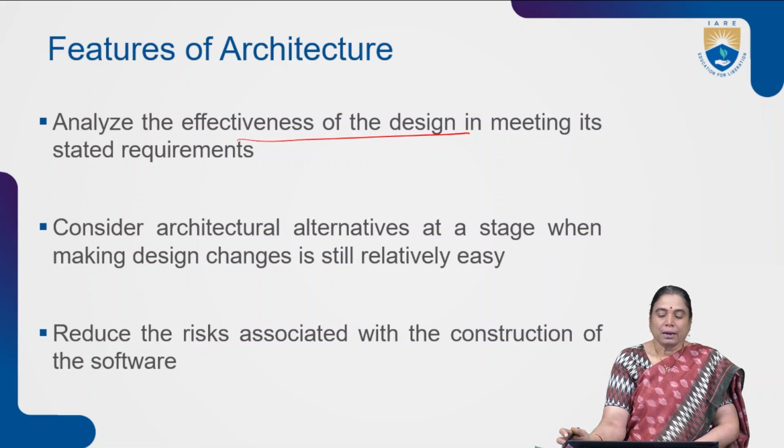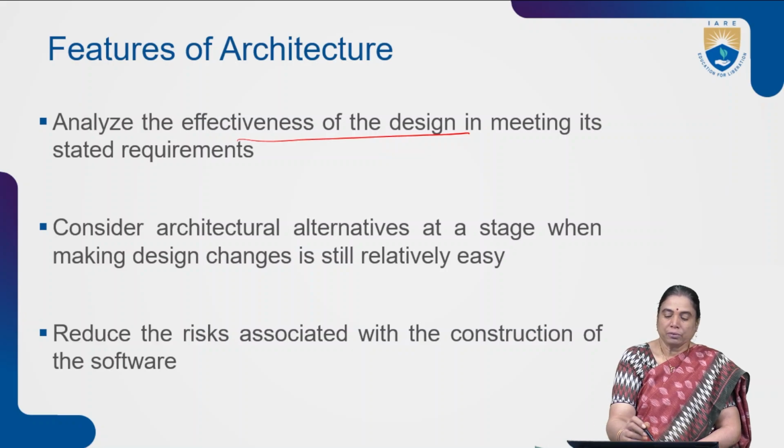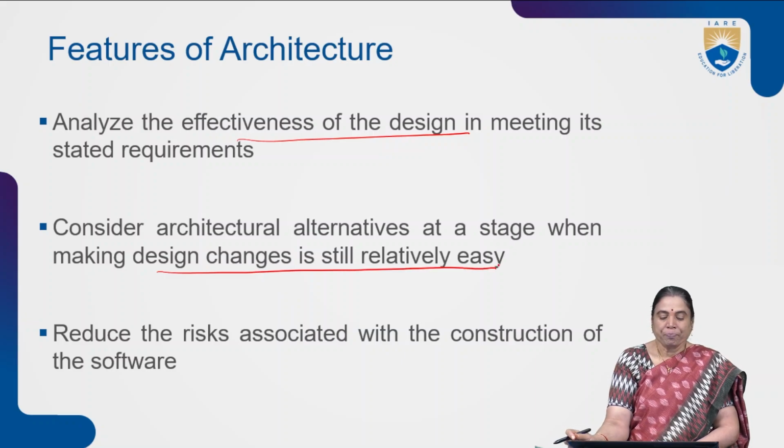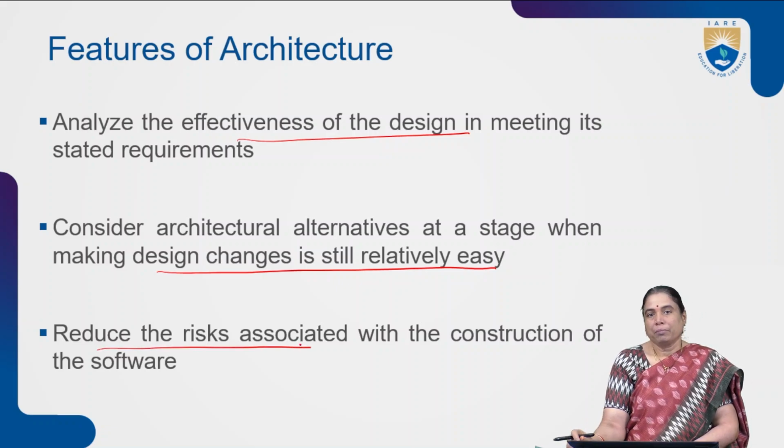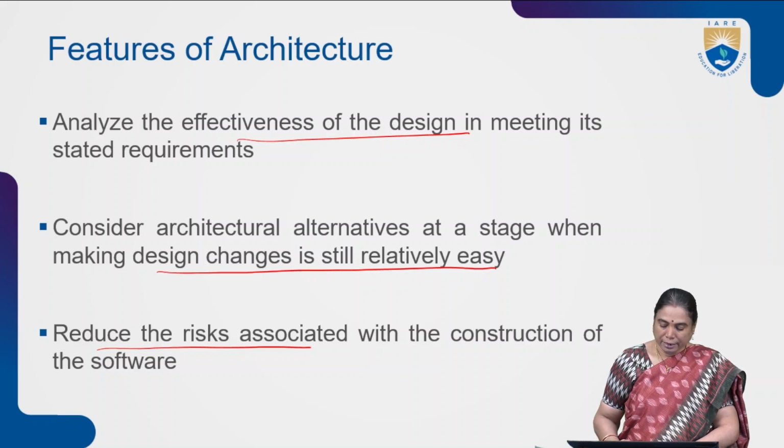So consider architectural alternatives also at a stage when making design changes is still relatively easy. Reduce the risk associated with the construction of the software. The risk elements are proactively identified and risk mitigation plans must be carried out when looking into the software architecture.